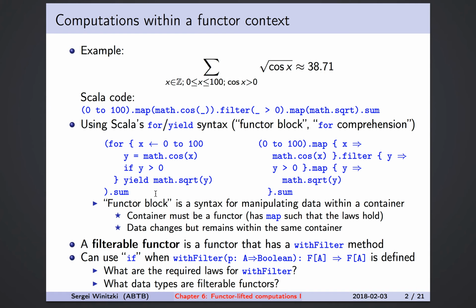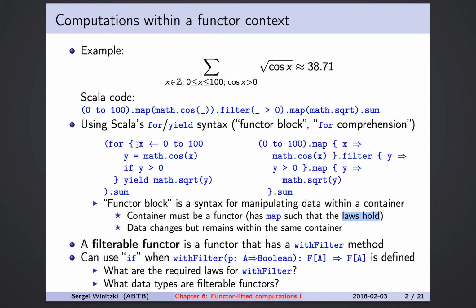So, to summarize, the functor block is a syntax for manipulating data within a container, where this container, in this case, was a sequence of integers. It could be any container, which is a functor, which is any type constructor that has a map function such that the functor laws hold.